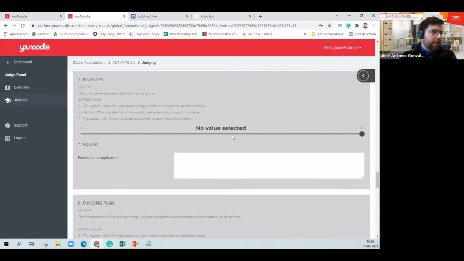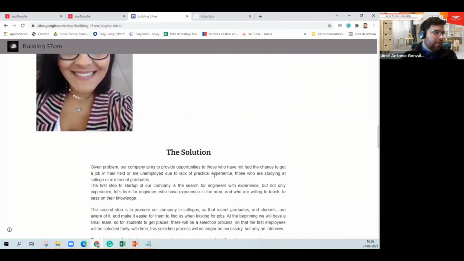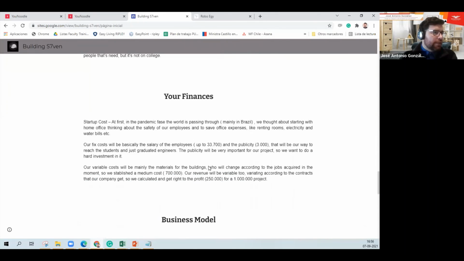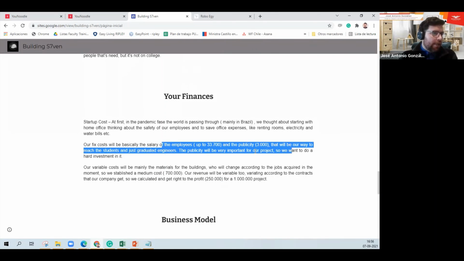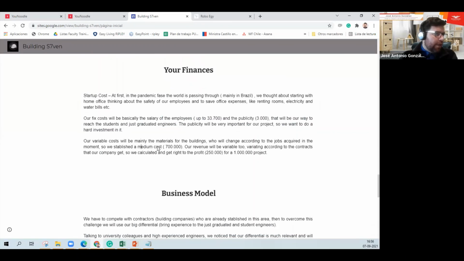Finances. Okay, finances, I believe that the potential venture described key financial figures. Yes, they did. Right? I'm not sure how they got this profit, but I would like to review that, of course. Salary of the employees. All right.